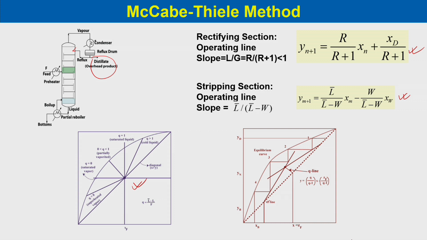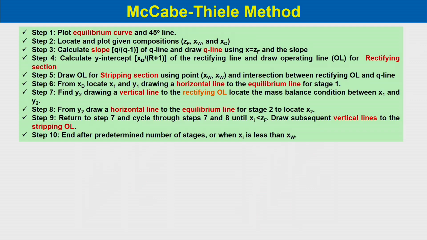So, we will come step by step how to determine the number of ideal trays required following McCabe-Thiele method of graphical construction. These 10 steps we need to follow to determine the number of ideal stages by this method.